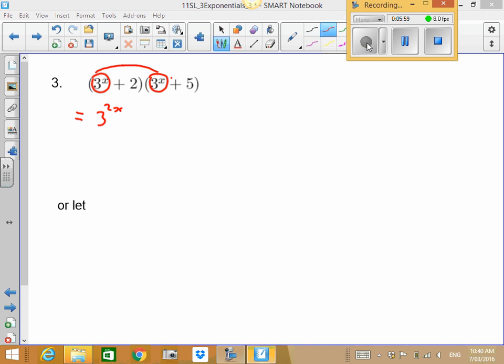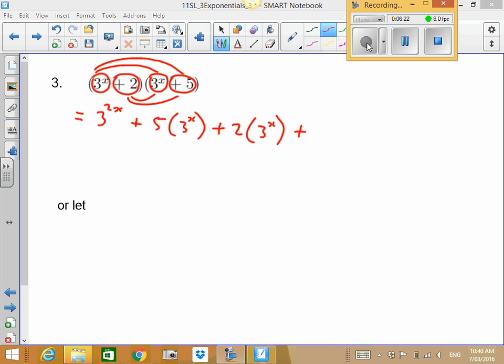Then we're going to multiply the outside terms together. 3 to the x times 5 will give us 5 lots of 3 to the x. Multiplying the inside terms together will give us plus 2 lots of 3 to the x. And then finally multiplying the last terms together will give us plus 10.